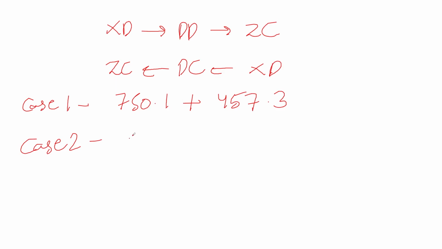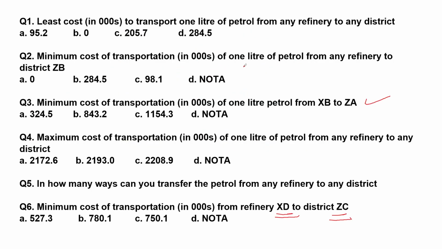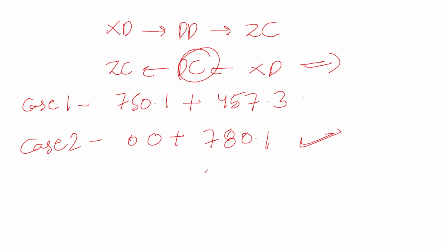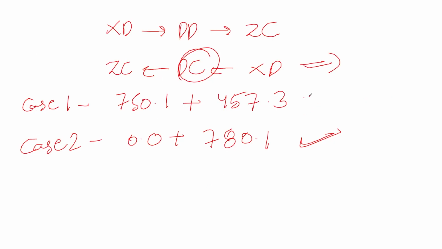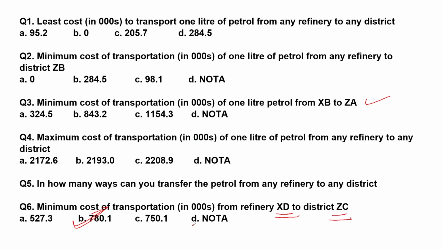So for case 2, the price is 0 plus 780.1, and without solving I can tell that this value is lesser than this value. So obviously the answer is the second route, that is from depot DC. So our intermediate is depot DC over here. So what is the minimum price? Minimum price is 780.1. So if you would have taken only the first case, you would have again marked the answer as nota, which is wrong. So you have to be very careful.